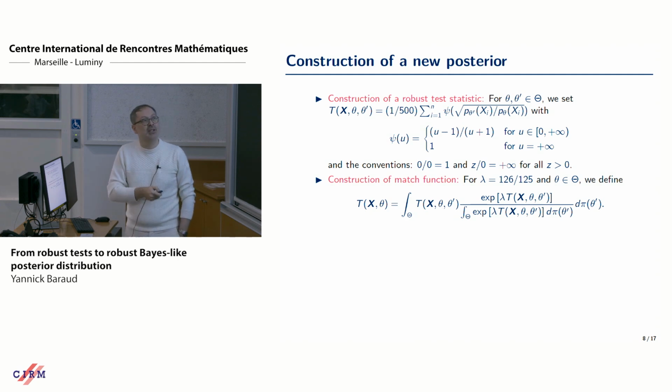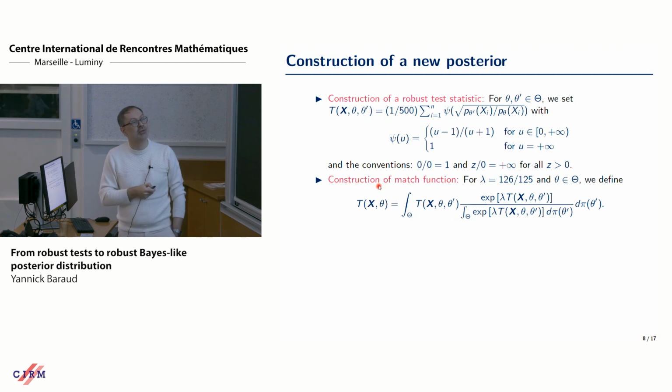So theta is fixed, and if there exists a theta prime in my parameter space such that p theta prime is much better than p theta, this integral should be large. But if no such theta prime exists, this integral should be small.